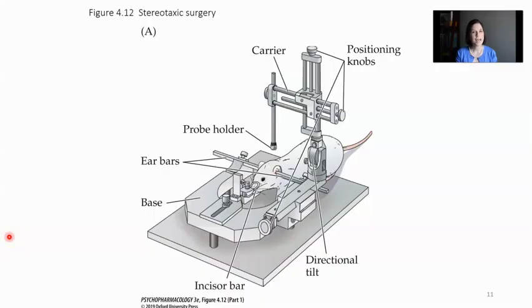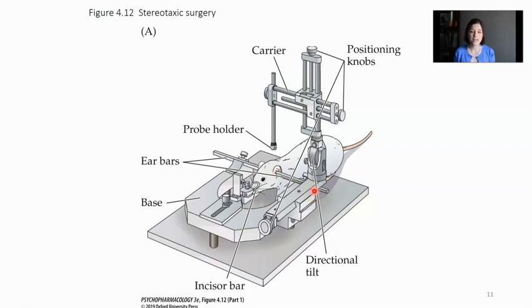A stereotaxic apparatus is used in rodents and monkeys and humans to precisely target neural structures. We have maps of the rodent brain, the monkey brain, and the human brain, which means we can assign different regions of the brain different coordinates. The advantage of using an apparatus like this is that we can fix the animal's head and keep it entirely still.